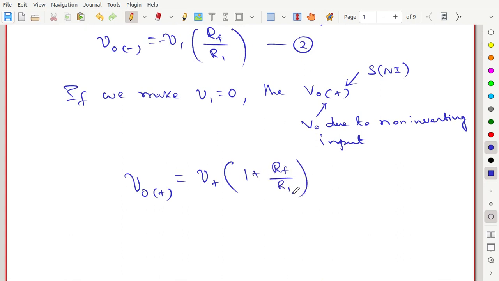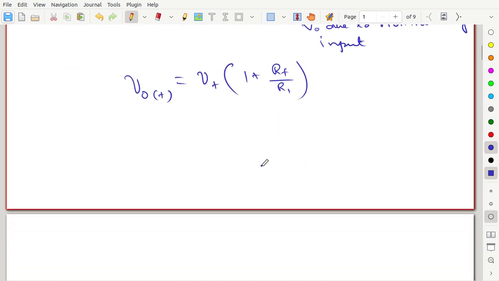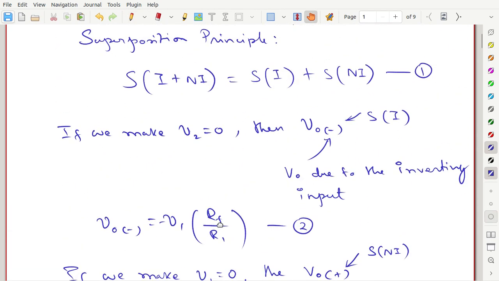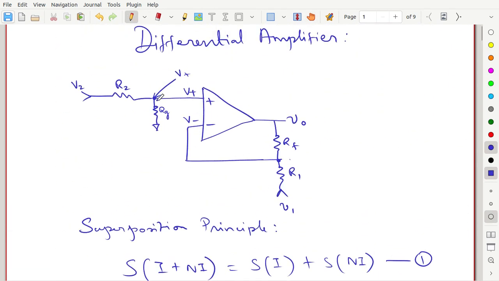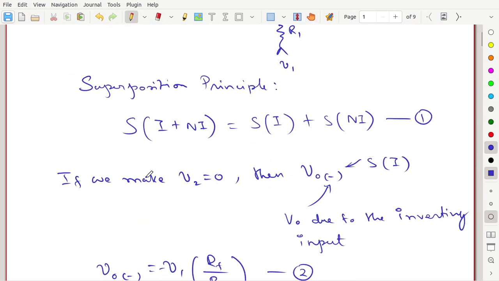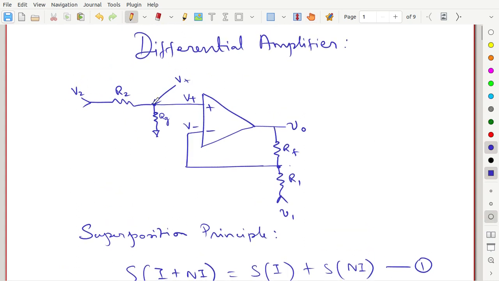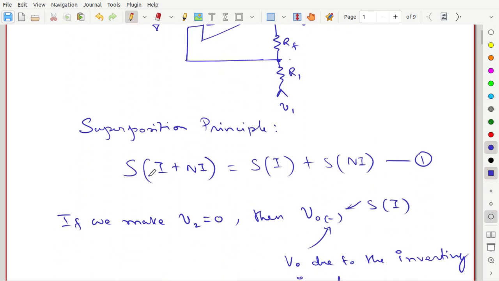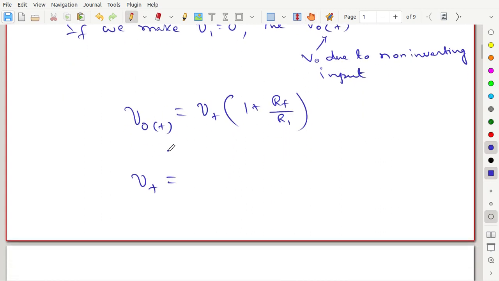This is by the non-inverting formula. Now we have to find this V plus. V plus comes from the voltage divider formula: the potential difference across the resistance Rg. We have an input voltage of V2, so the potential difference across Rg is V plus, given by V2 times Rg divided by Rg plus R2.